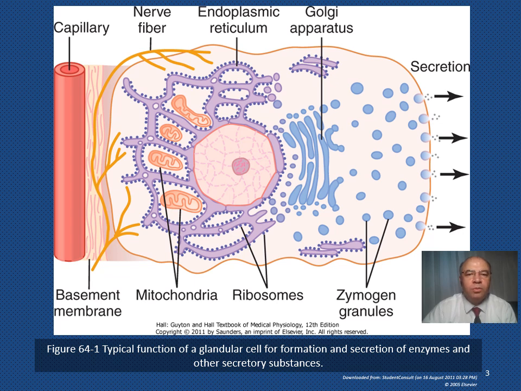You see the ribosomes around, and when secretion started to be synthesized here, probably lipoproteins, they will be transferred to the Golgi apparatus, and then after final modification in the Golgi apparatus, they will be stored in vesicles, and then when they are ready, they will be excreted into extracellular fluid or into a secretory gland's canal.